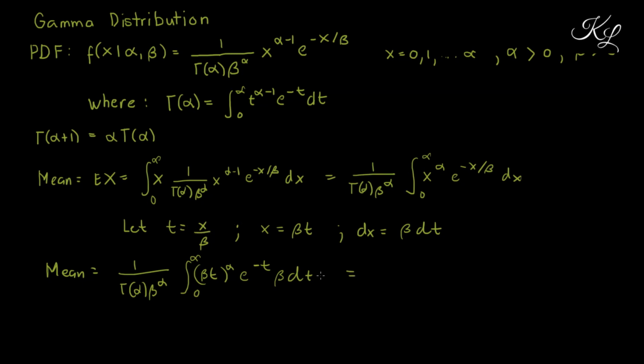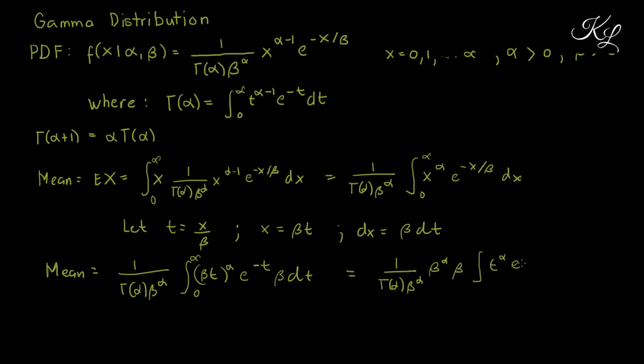Then let's move out the constants from this integration. So the original constant is this one. Then we have here beta raised to alpha. Then we have here beta. Then we have the remaining is t raised to alpha.